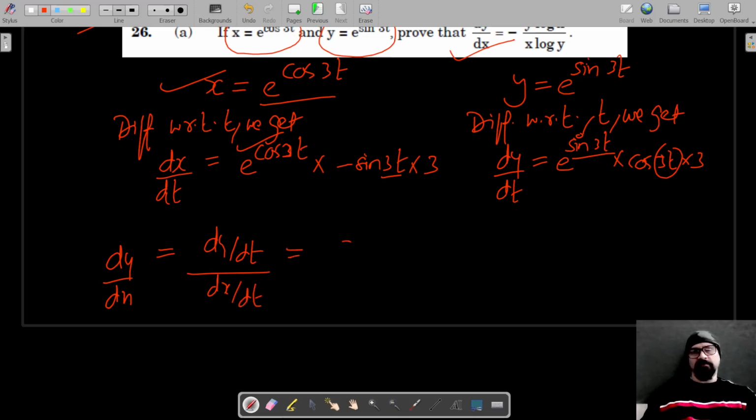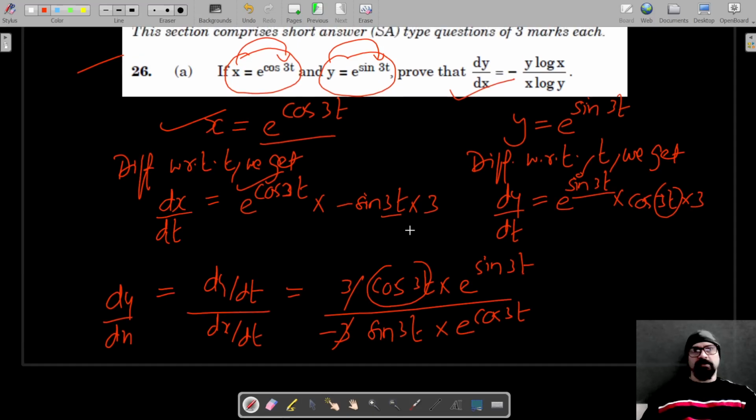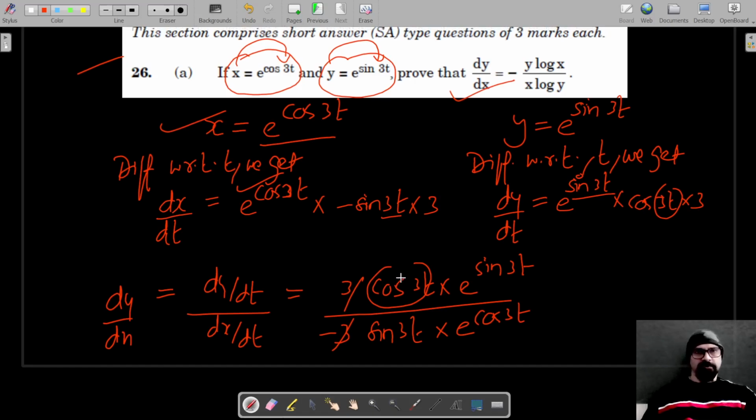So dy by dt is 3 cos 3t into e raised to the power sine of 3t, divided by negative 3 sine 3t into e raised to the power cos of 3t.